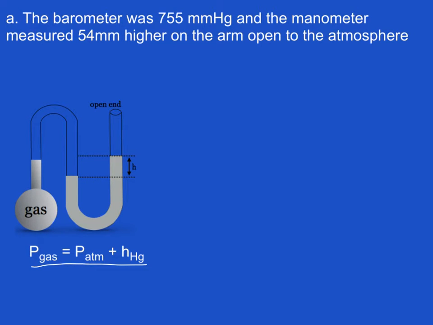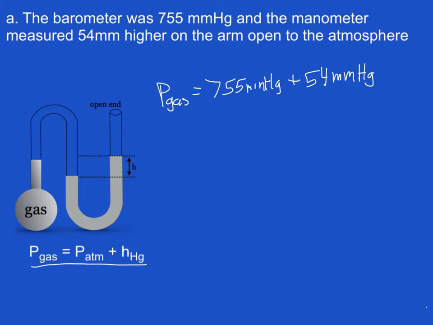So we are looking for the pressure of the gas. We know that is equal to the pressure of the atmosphere, which is 755 millimeters of mercury, and we're going to add to that the height of the mercury, which we know is 54 millimeters, so that's clearly in millimeters of mercury, since it is measured as millimeters of mercury here.